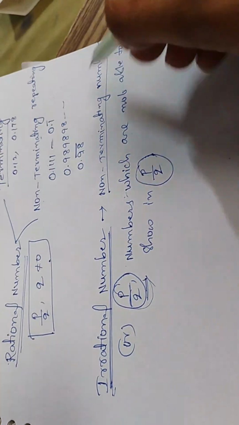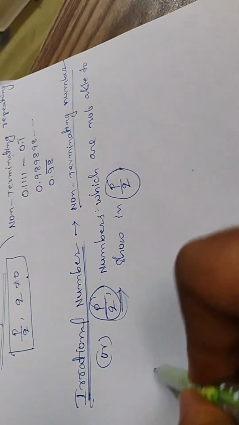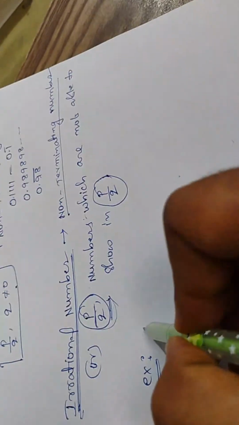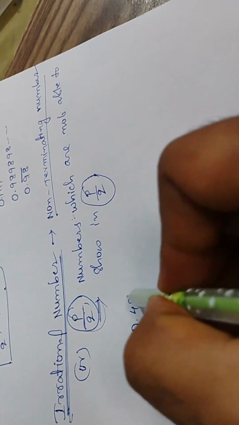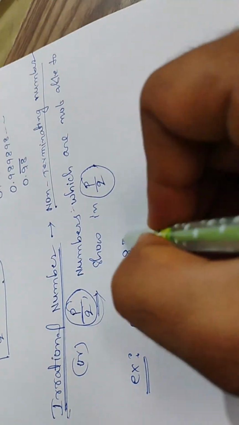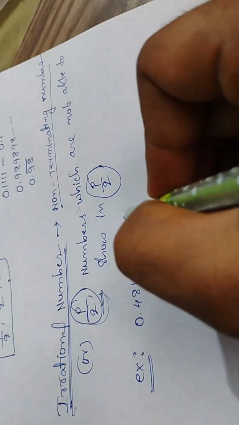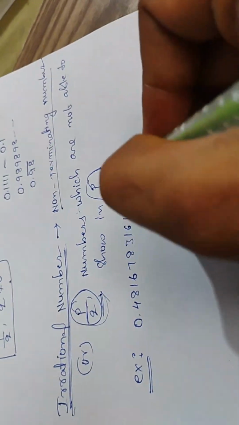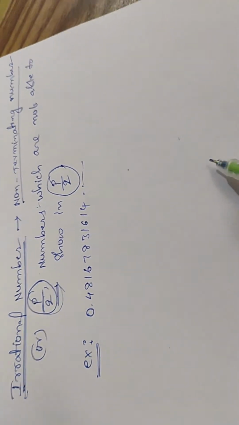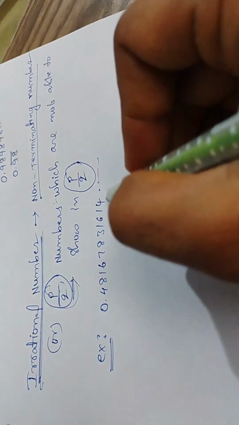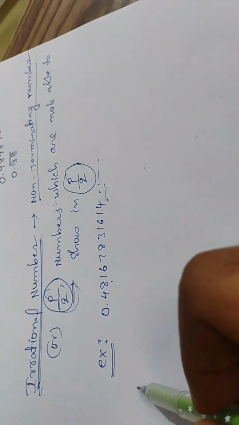These are also called non-terminating numbers. For example, 0.48167831414116 and so on is there. No specific number is repeating and there is no ending.